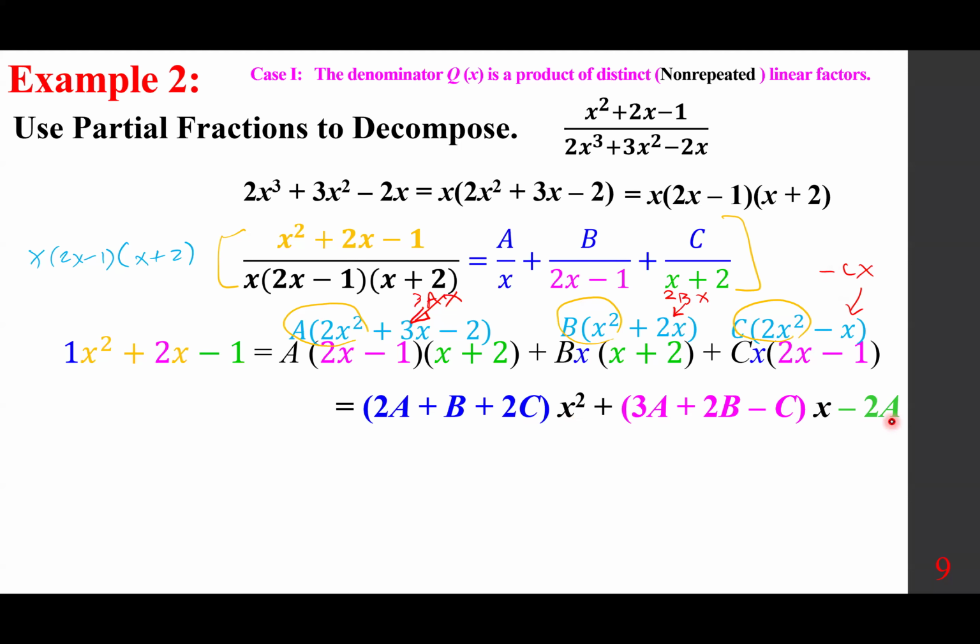So if this is the coefficient of x squared and the coefficient of x squared is 1, this expression must be equal to 1. If this is the coefficient of x and the coefficient of x is 2, this expression must be 2. And minus 2a is a constant, must be minus 1.